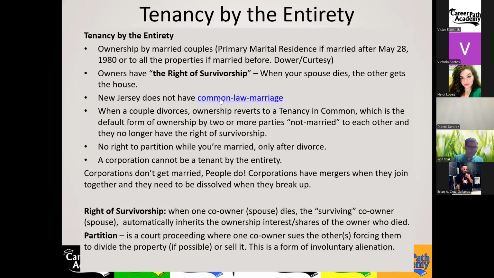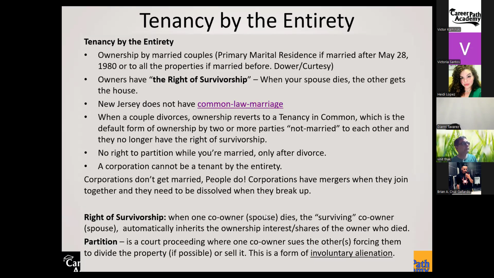So common law marriage, what is that? I've got a link here for that too. And here we go. Common law marriage states: the ones in green recognize common law marriage, and the ones in red do not.